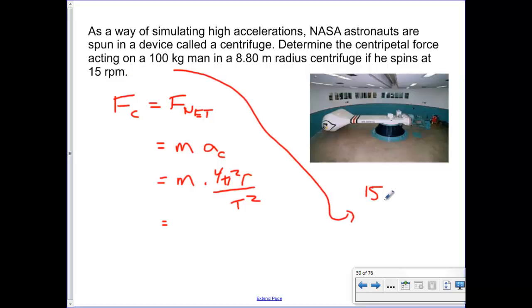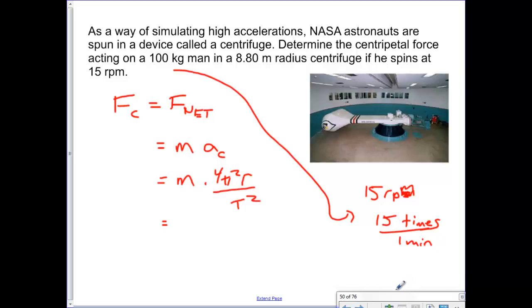Let's go over here. That 15 RPMs, ugh, that's an M, really means that you go 15 times in 1 minute. We don't usually work in minutes though.